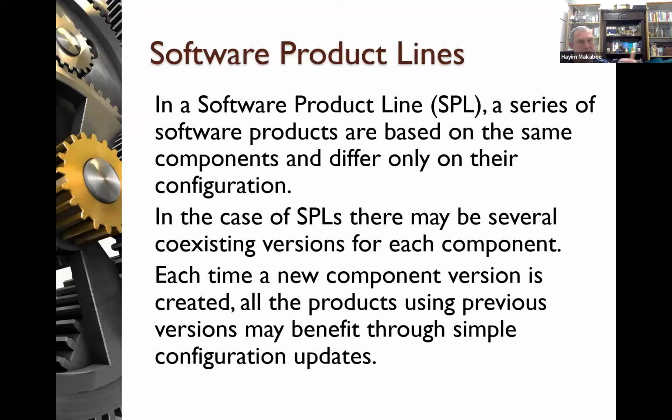And each time I have a new version, all these products of the software product line benefit, and they can be upgraded. Again, if I am a software company, I can use this approach of the software product line and create many products using the same components.